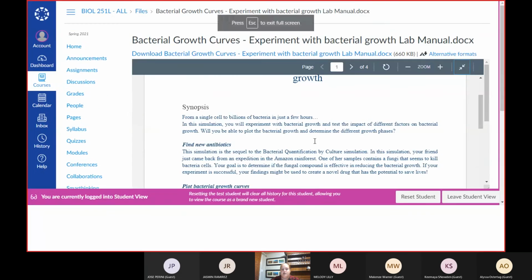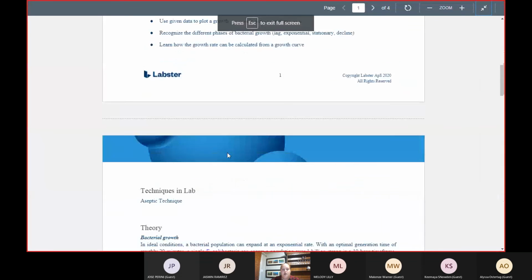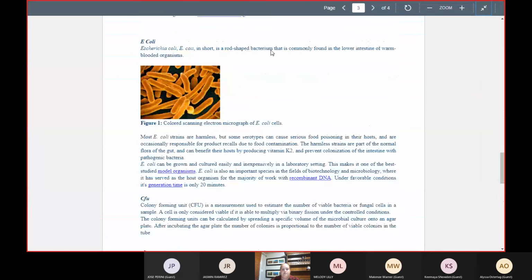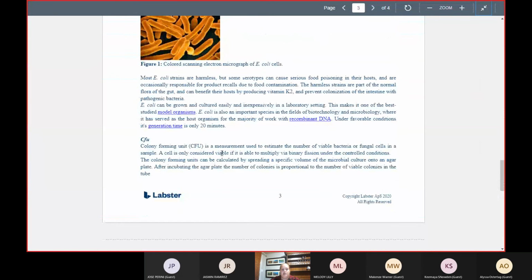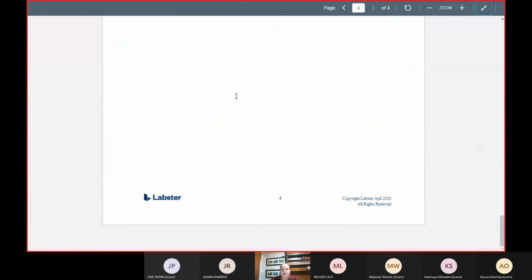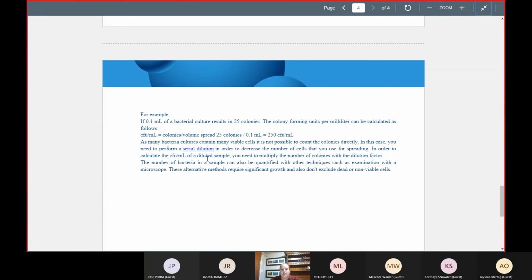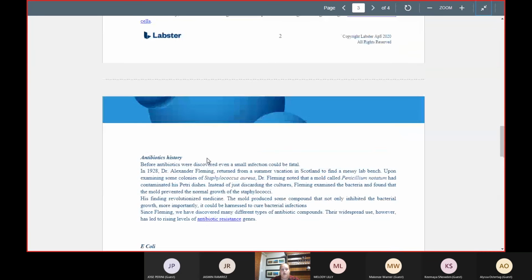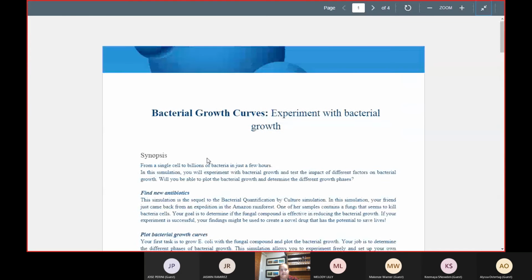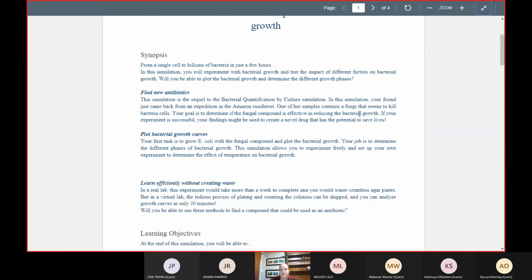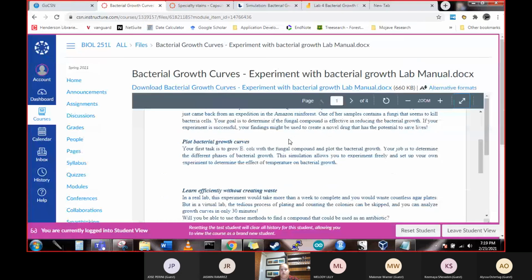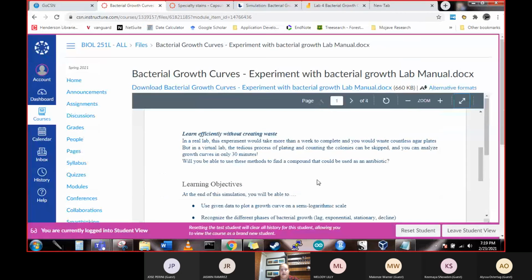So I want you guys to take plenty of time to work through the CFU calculations in the documents here, as well as in the simulation. And again, I will try to post something to clarify some of these components that people have questions about on doing these CFU per milliliter calculations.